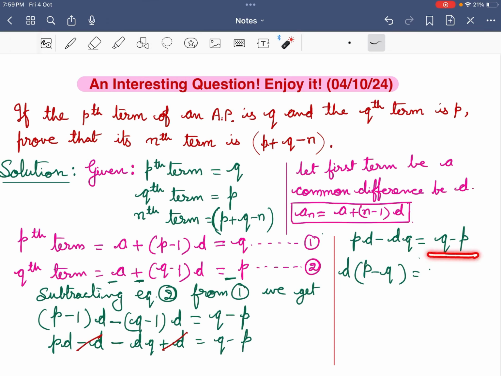Now see, here I can do one thing. If I take this minus common, or multiply with minus, because I want to convert it into this form, it will become minus p plus q. Am I right if I write like this?